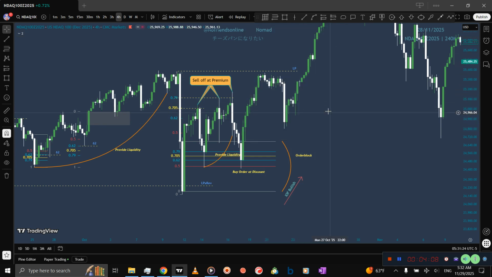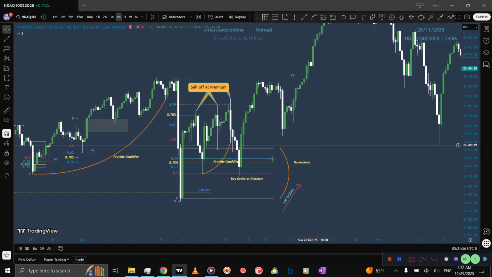Okay, but also you have to notice that we have a big void here. Yes, we don't have any void because it's just a big down and big up on higher time frame, but in lower time frame we have lots of pocket of inefficiency price.